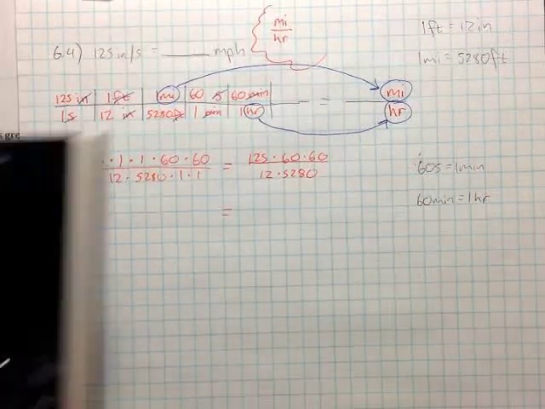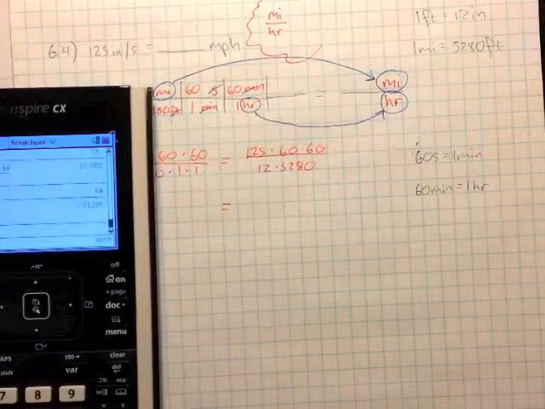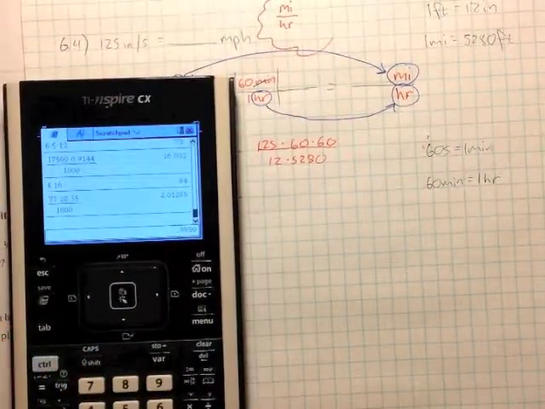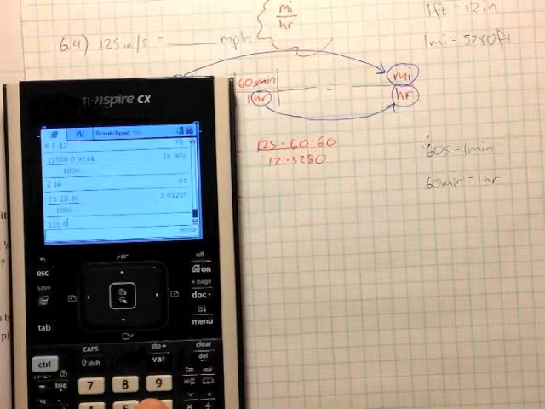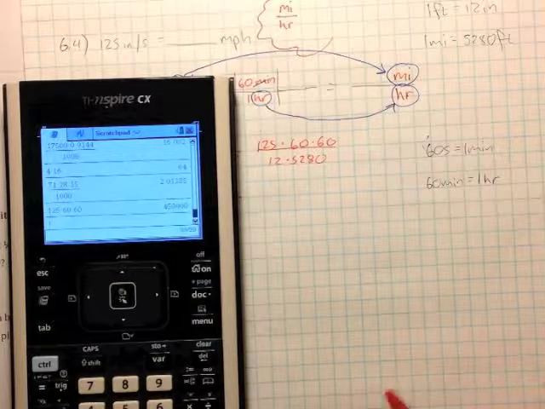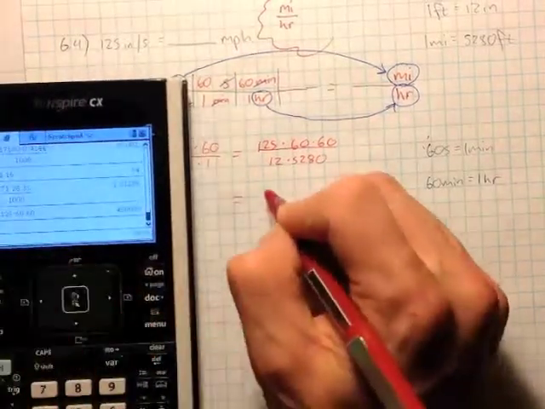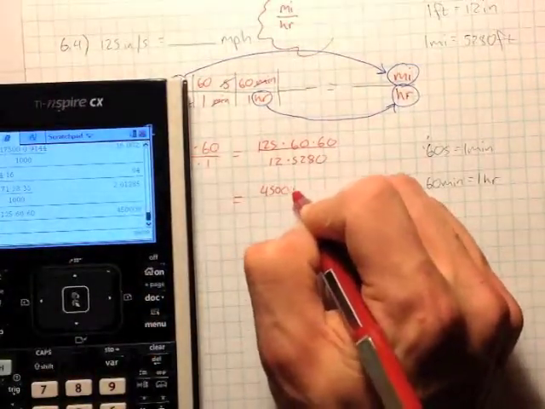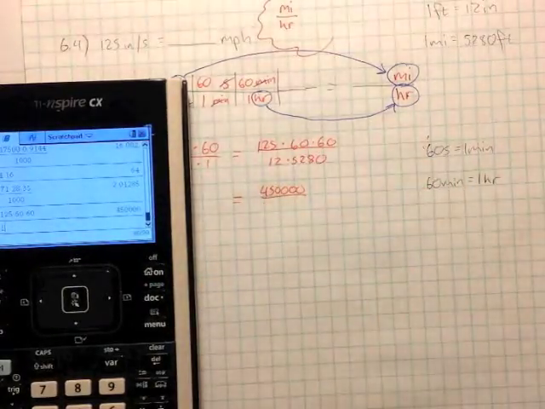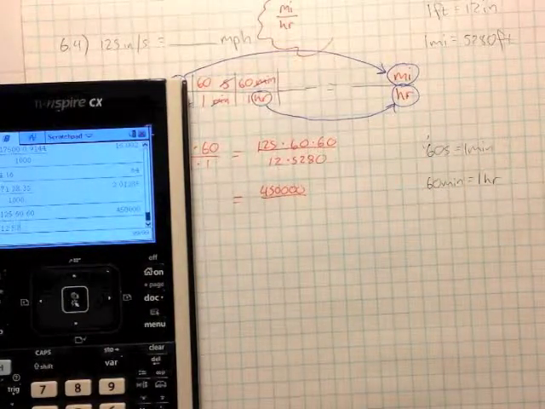So let me do that one step at a time here. On top of the fraction, I have 125 times 60 times 60, which is, what is that, 450,000? So I just calculated the numerator here. I'm going to calculate the denominator now. 12 times 5,280.